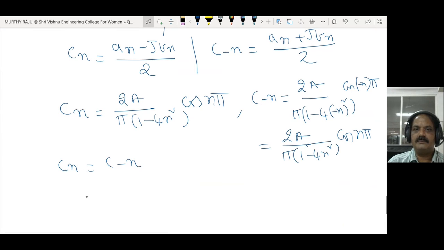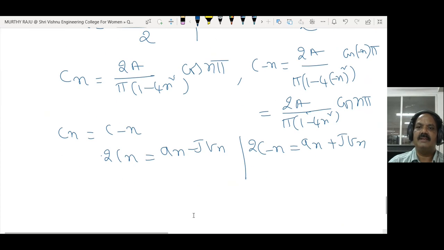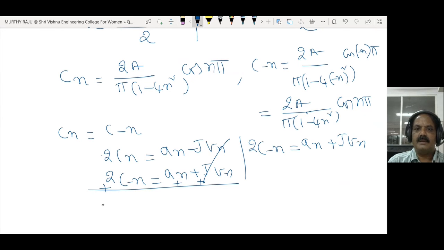2Cn is equal to An minus JBn. 2C minus n is equal to An plus JBn. Add these two equations. 2 into Cn plus C minus n is equal to 2 An. 2 cancel.